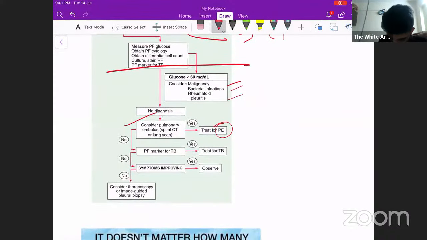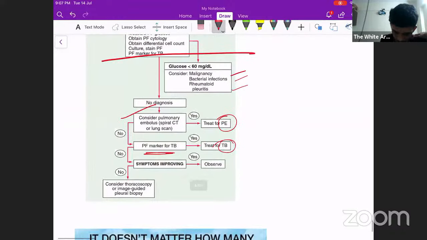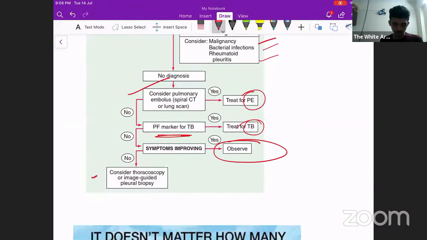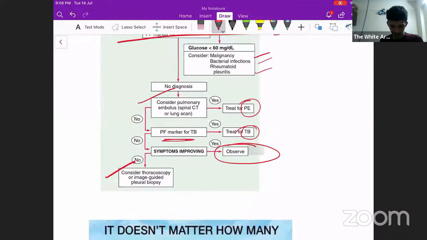Still no, then look for pleural fluid markers like ADA, interferon gamma, to rule out TB. Still no, if symptoms are improving, we just observe the patient. If the patient is still anxious, wants to know the diagnosis, LDH levels are increasing, symptoms are worsening, then we do an invasive procedure, image guided biopsy or a blind biopsy for tuberculosis. Okay, so that's it.